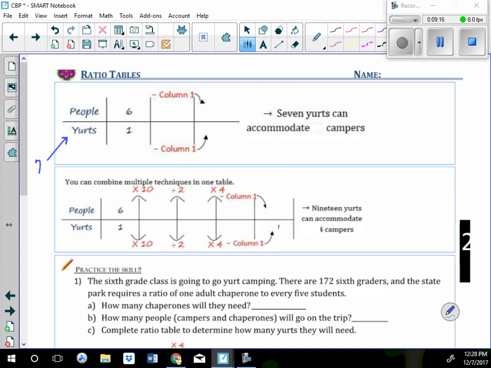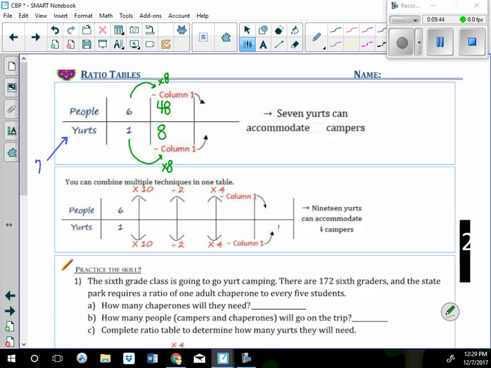Okay. So the first thing I'm going to do here is multiply by 8, just because I want to show you how to subtract the column. So that means 48 people can fit into 8 yurts. Now my big goal here is to show you how to subtract the column, because remember, I wanted to get to 7 yurts.